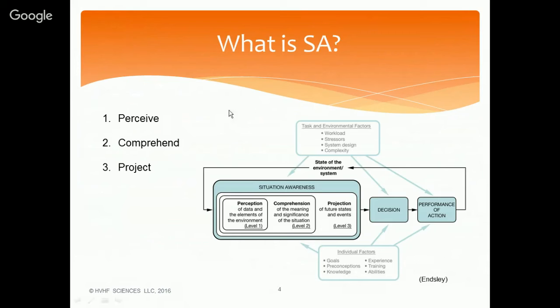So there are this many steps literally going on under the hood in terms of knowing what's going on around us in a critical infrastructure domain.